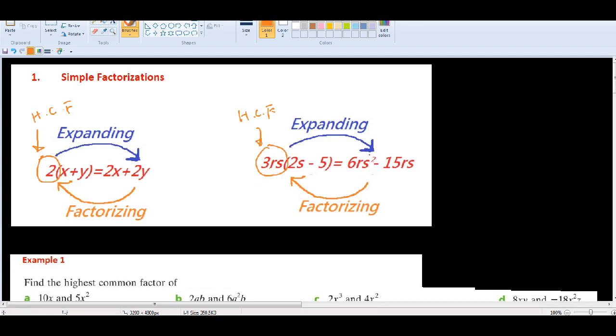Here, 3rs is the highest common factor of 6rs squared minus 15rs. You need to find the highest common factor, then you take that out and divide it by each term, and you leave behind the things after the divisions inside the bracket. That's what we call factorization, if you remember.